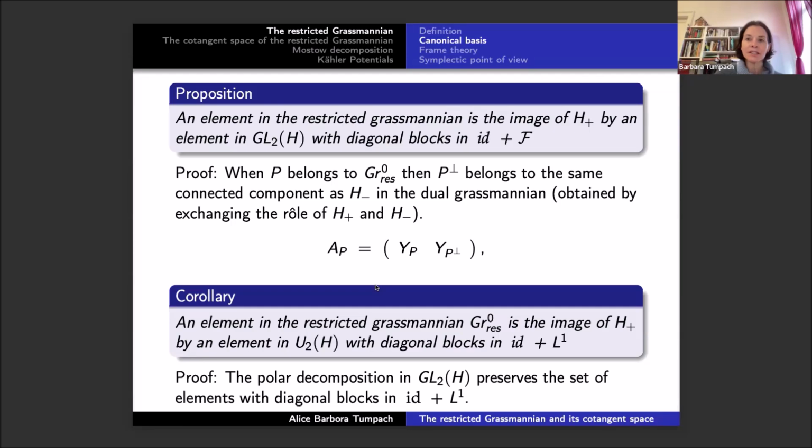But we will not keep the property that on the diagonal we get identity plus finite rank; we will get identity plus trace class on the diagonal. So simply when we use the polar decomposition and we kill the non-unitary part, we end up with an element in U2 with block diagonal in identity plus L1, which maps H plus to the element P we started with.